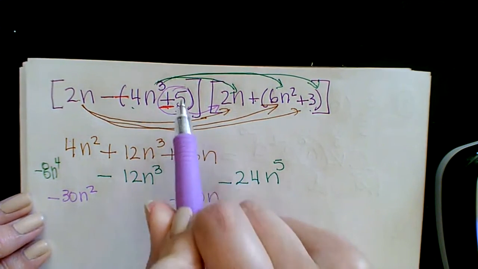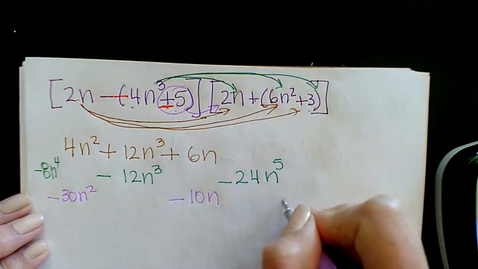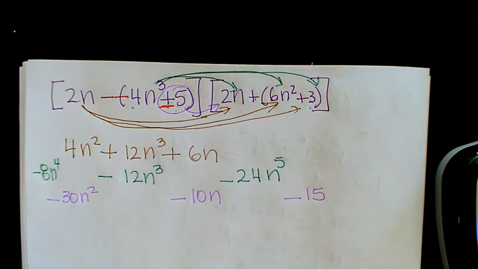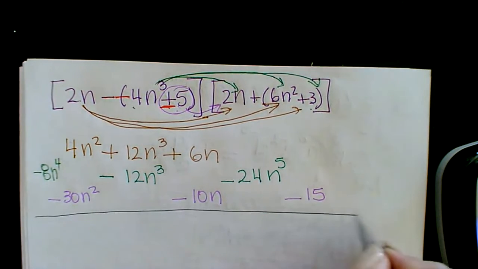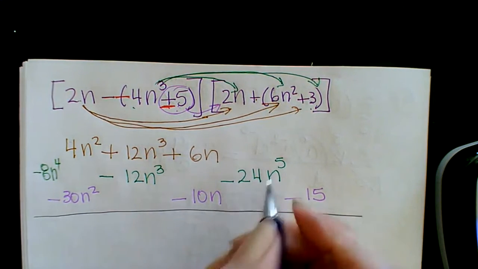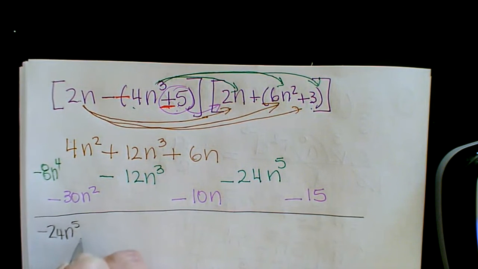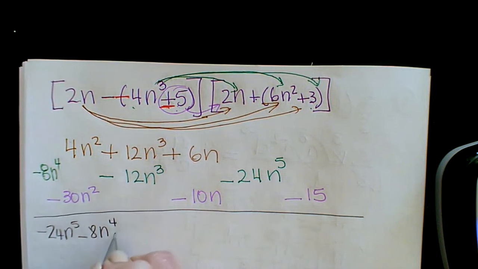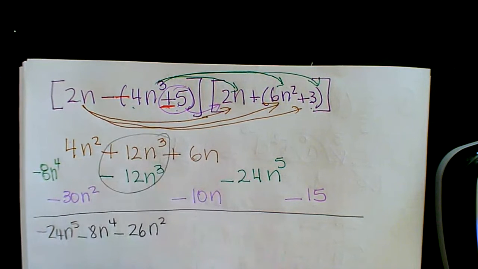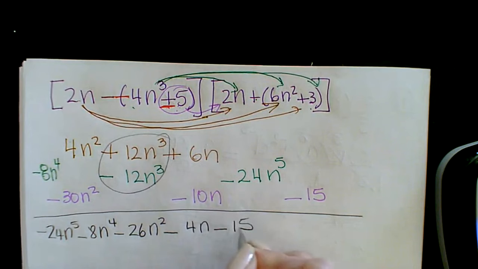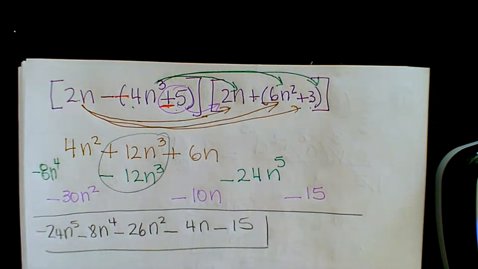And negative 5 times 3 is going to be negative 15. So we're going to do it in order, negative 24n to the fifth minus 8n to the fourth. Then we could add these 2. It's going to be negative 26n to the second. This is, we make a 0. Minus what? Minus 4n minus 15. That will be our answer.